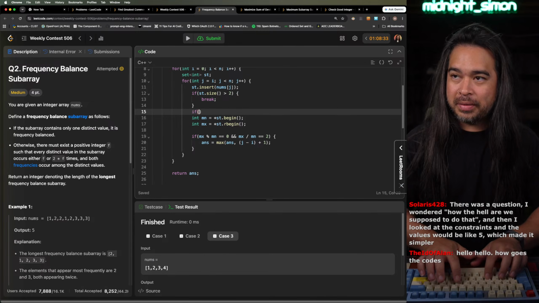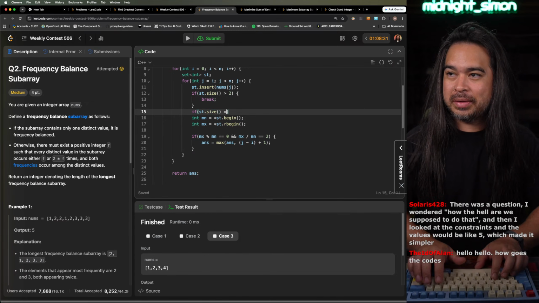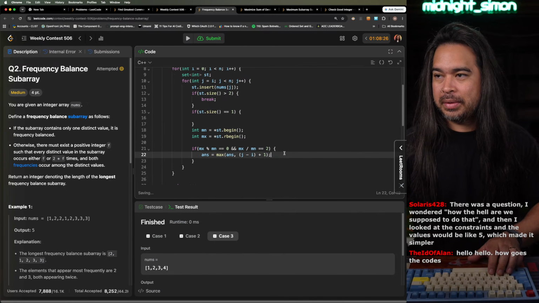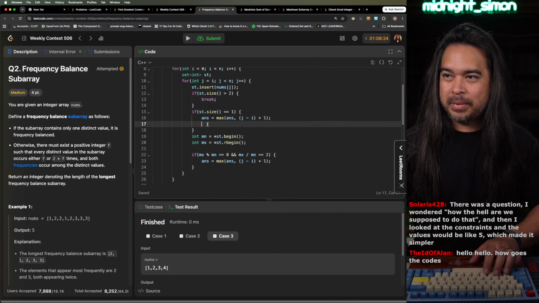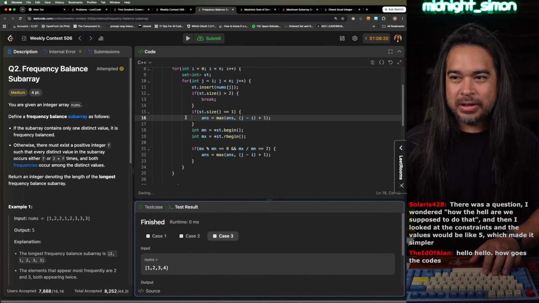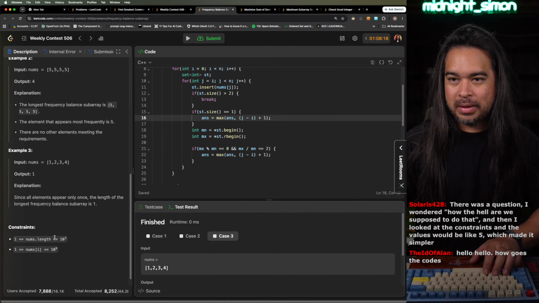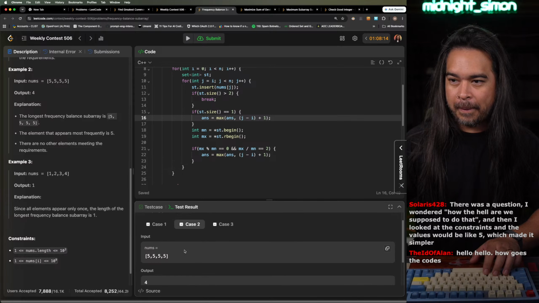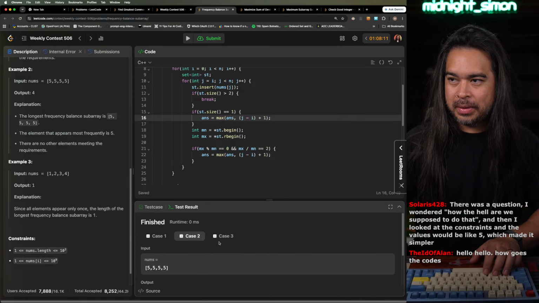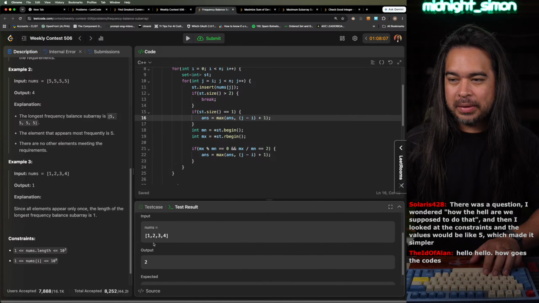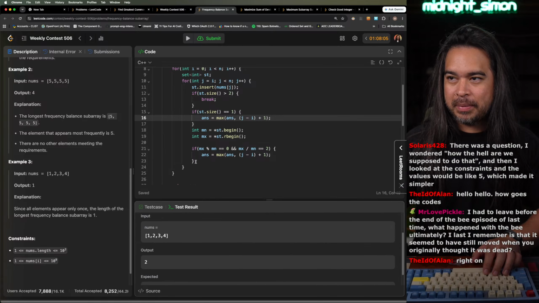Oh, I forgot. If the size is 1, then we're good as well. Yeah, I'm doing some old contests on LeetCode. I haven't done much LeetCode in a long time, but I'm trying. Wait, how did this happen, man? How am I gonna get 2 here?